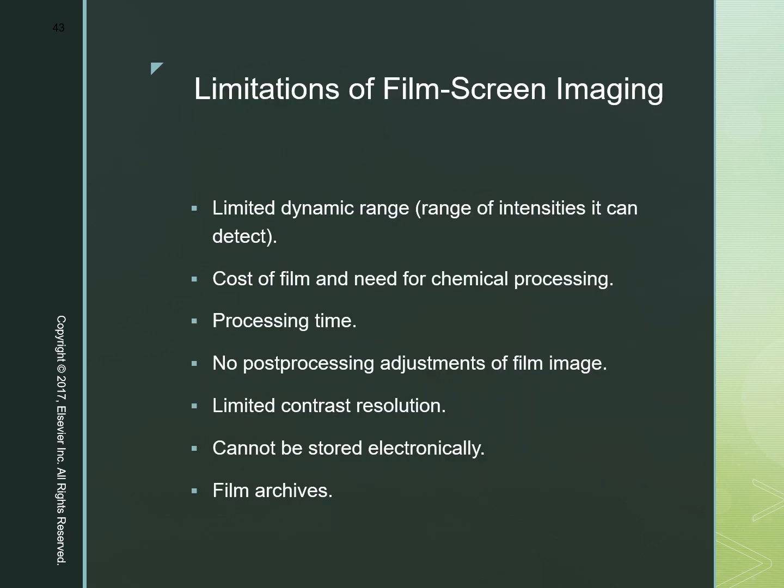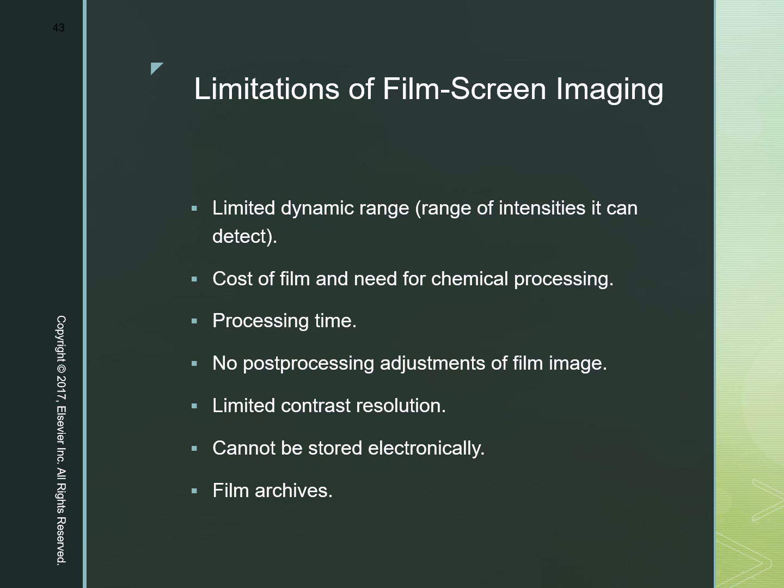Okay, limitations of film screen imaging. So we know that we don't really worry too much about film screen imaging anymore, but some of the ways that DR has overtaken film screen. We know that actually film screen has better spatial resolution than DR systems.